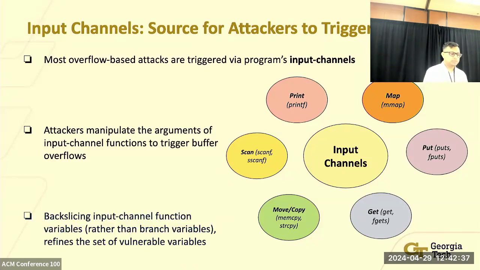So what we do is trace these input channels to figure out which variables affect them, and we encrypt and decrypt those. The one important thing is that these are the common ones. Other benchmarks like Nginx have their own printfs or their own memcpys, so you need to add them to the list.